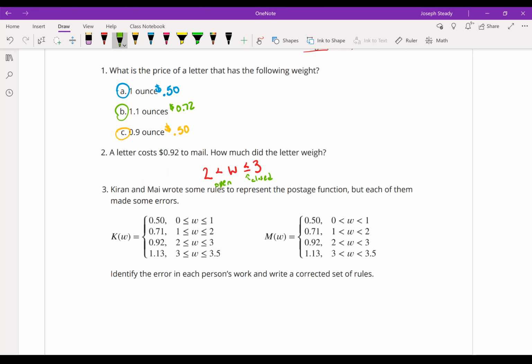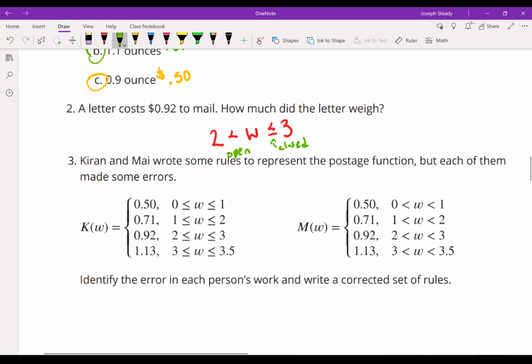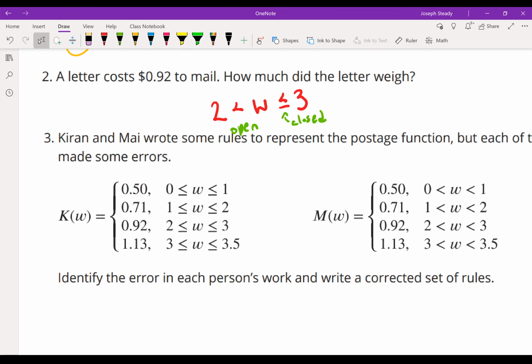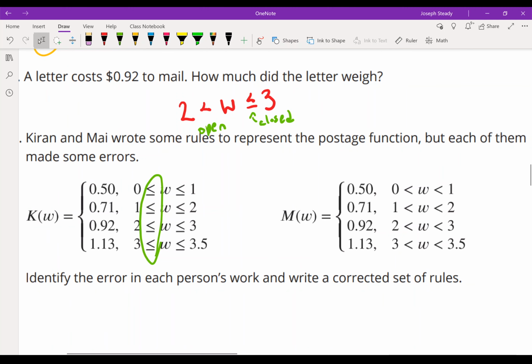But their inequalities are where they have some different stuff going on. Specifically, Kieran uses entirely inequalities that are less than or equal to. They all have the underline, whereas Mai uses inequalities that have no underlines. They are strictly less than inequalities.